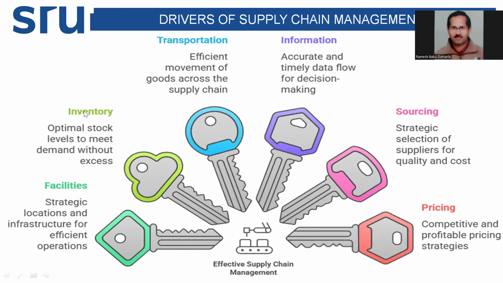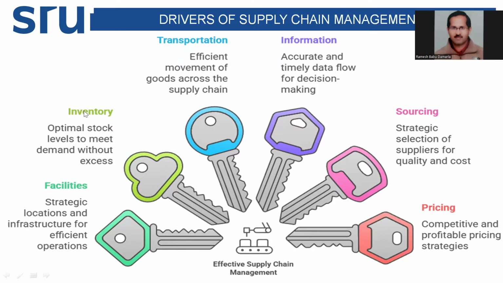Another important driver is transportation. So efficient movement of goods across the supply chain from one location to another location is also one of the important drivers that will decide the success of the supply chain or company. Information. Accurate and timely data flow for decision making is very, very important. So managing information these days is very important for a company to be successful. Then sourcing or procurement.